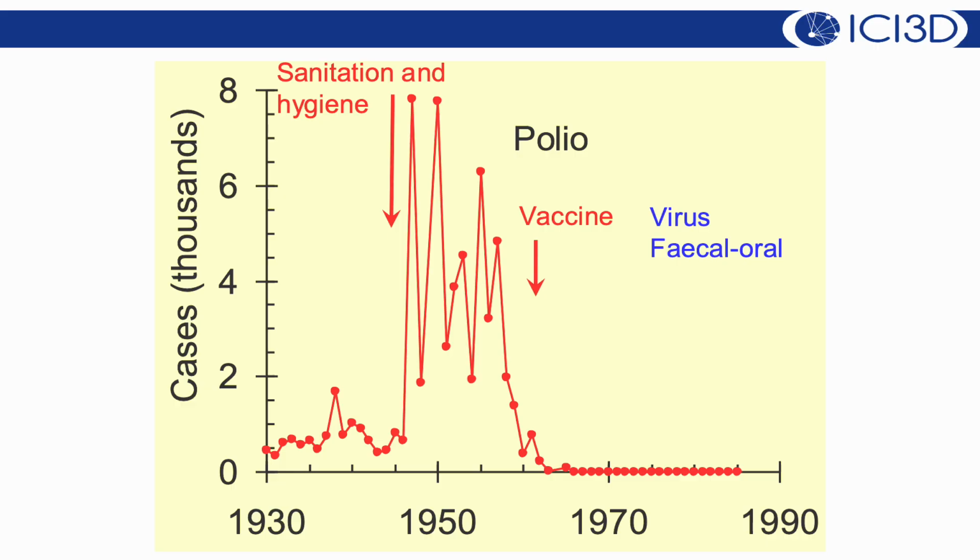But the interesting thing is that what is thought is that, curiously, the massive increase in the 40s in the rates of polio was in fact a consequence of increases in hygiene.